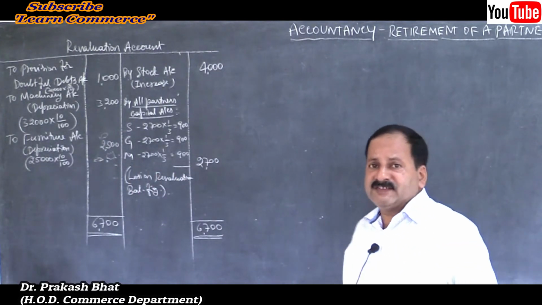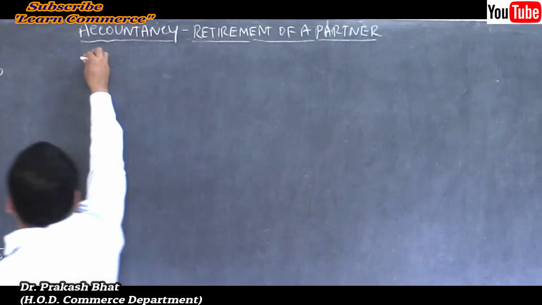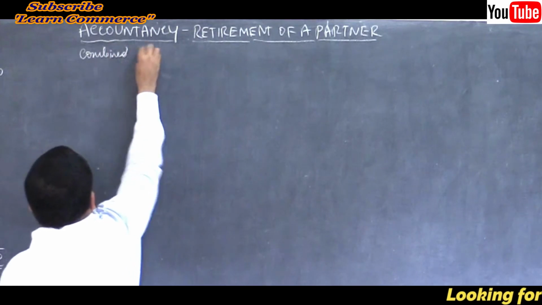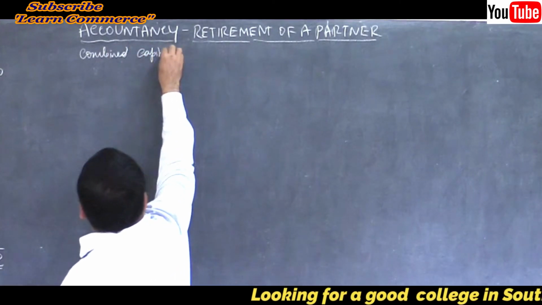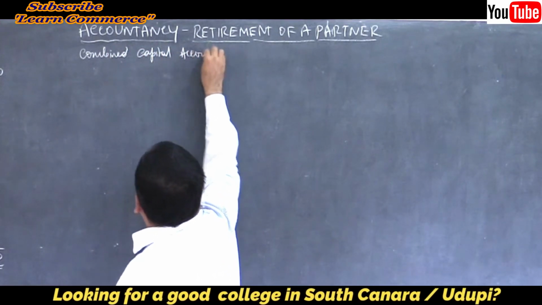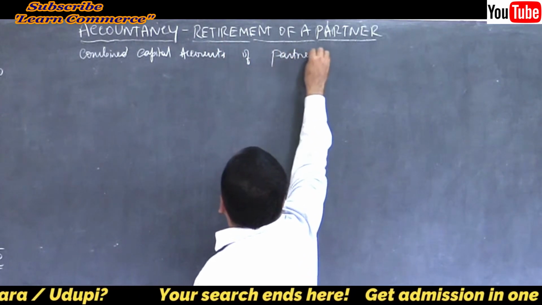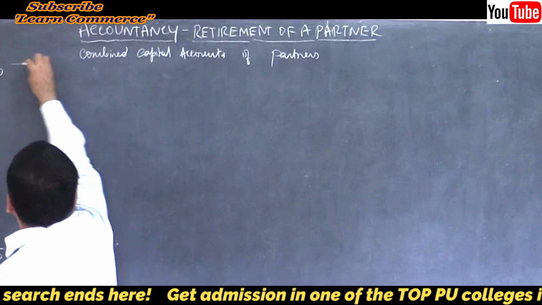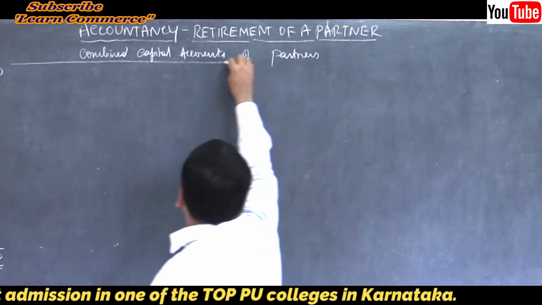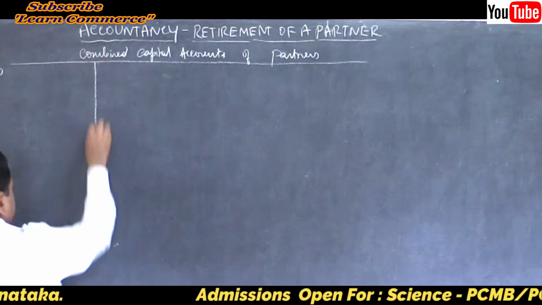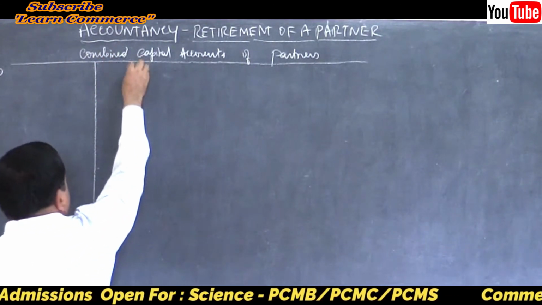Let us move on to the next step, that is combined capital accounts of partners. Yes, draw the lines. Three columns each on either side.